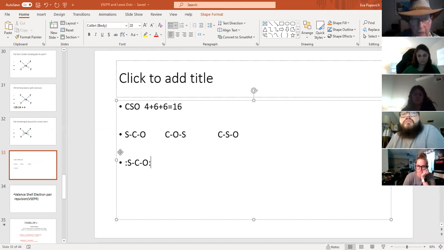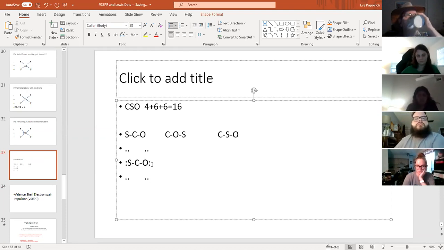Now you understand why it's so hard to draw these silly things. All right. I've now used up all my electrons, but carbon doesn't have enough. So what do I have to do? Double bonds.